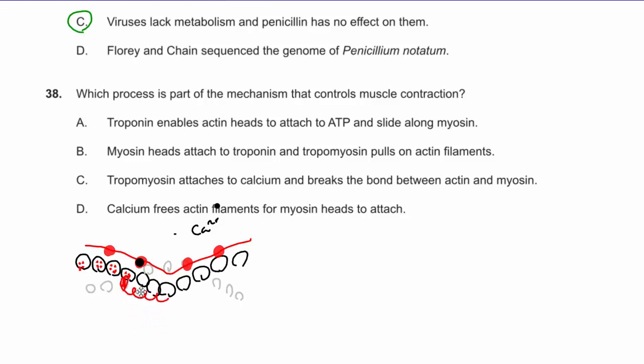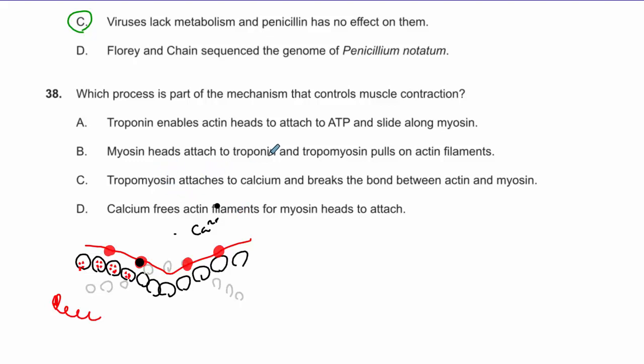And so then this can drag like a dinosaur head, and it jumps to this one, and this climb of the myosin head on the uncovered binding sites on the actin makes this fiber move alongside and actually shortens the muscle fiber. So let's see if some of these alternatives capture this. So calcium frees actin filaments, no.